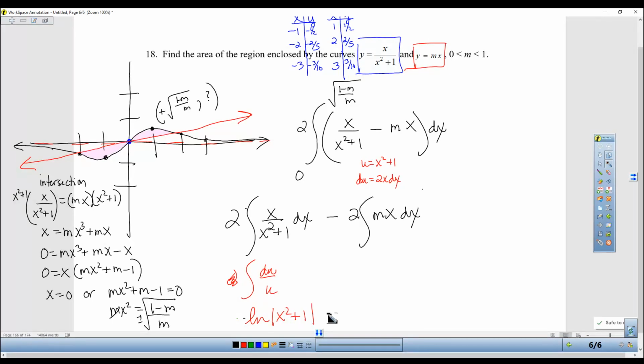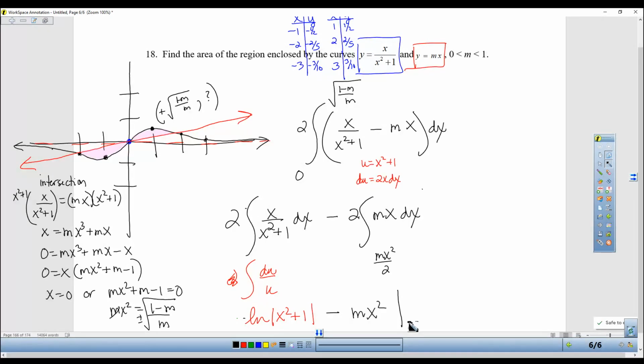And then this one over here was much easier. It's going to become mx squared over 2, but then since I have a 2, that 2 is going to go away. Mx squared over 2, but then with that 2, it's just going to become minus mx squared.